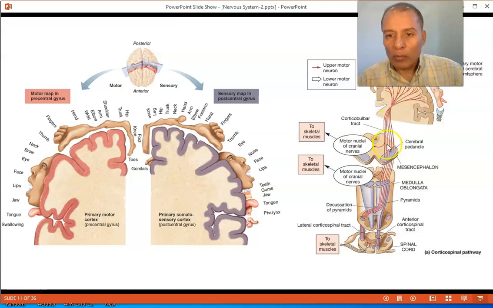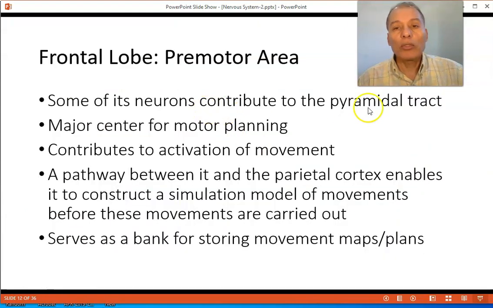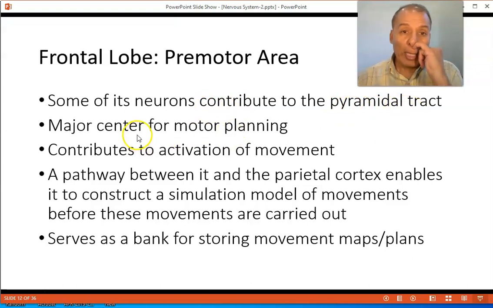It goes down because you need the planning to go together with the actual motor activation, and there are even sensory pathways going with that to monitor the movement that is going to occur. So the premotor area contributes some fibers to the pyramidal tract, and it is very important for motor planning.